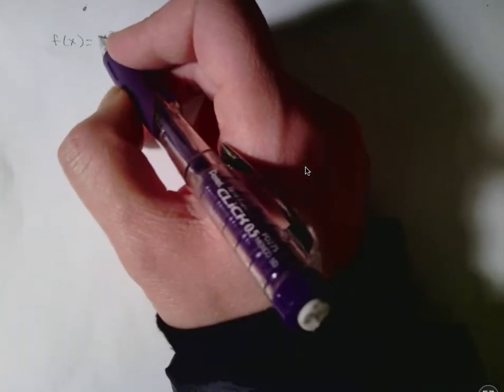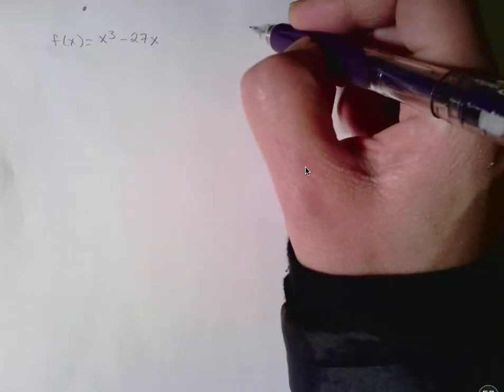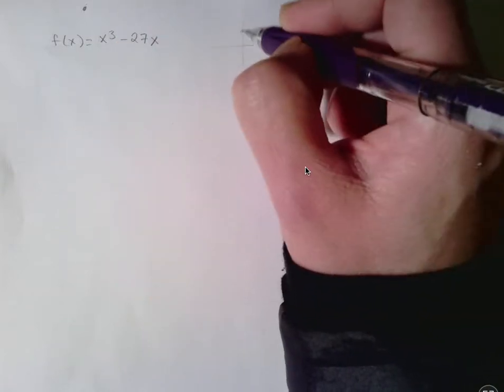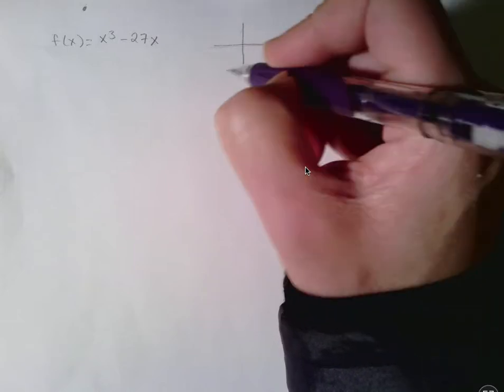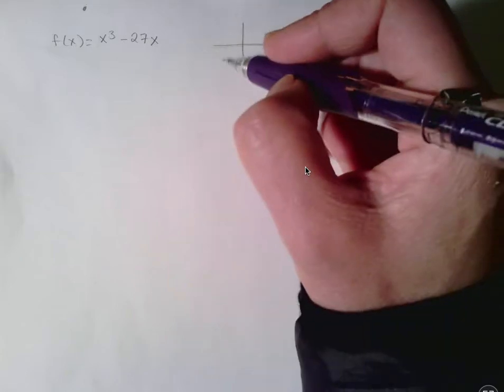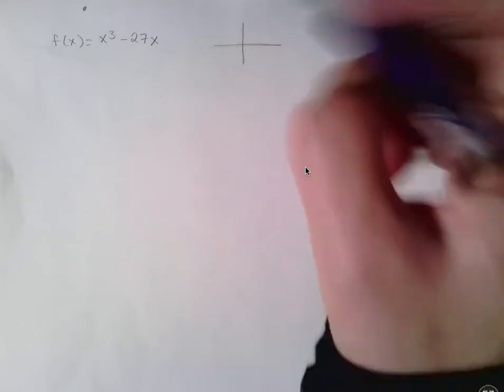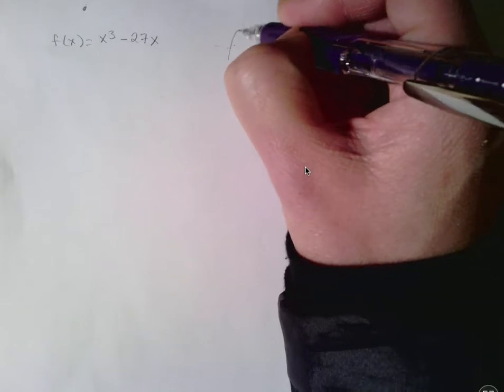Well, first of all, the coefficient of the highest power is positive, so you know what happens for large and very small x. So you know that the function should look something like, actually let me remove the axes, something like this.